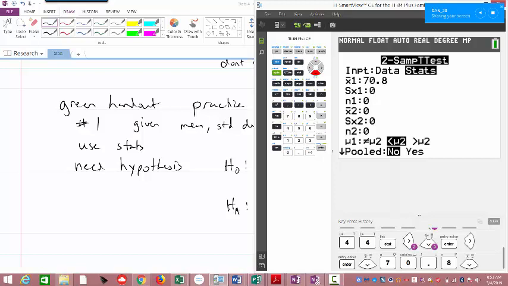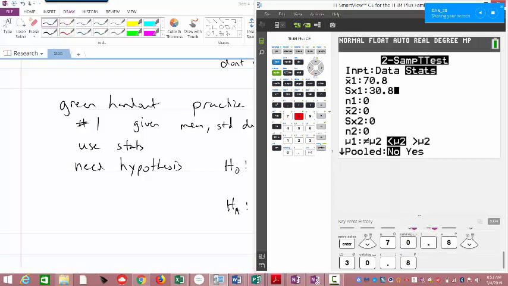So what is the standard deviation? 30.8. Okay, what is the number of items? 30. Okay. For the second set of data, what is the mean? 77.4. And the standard deviation? 31.2. And does it also have 30?